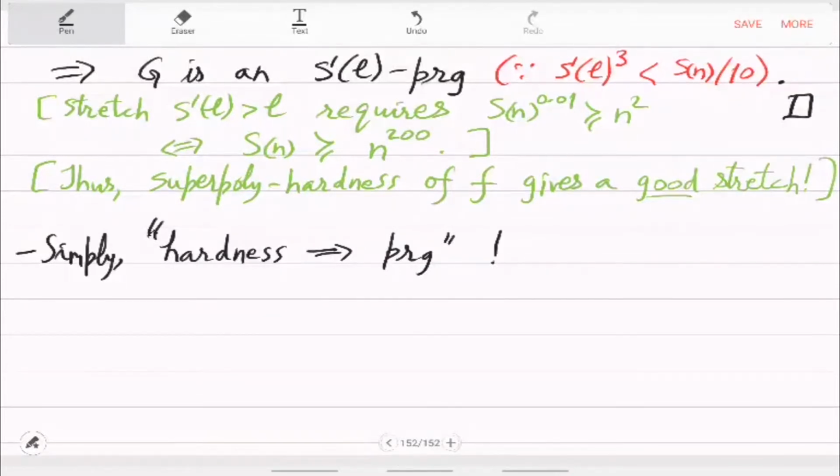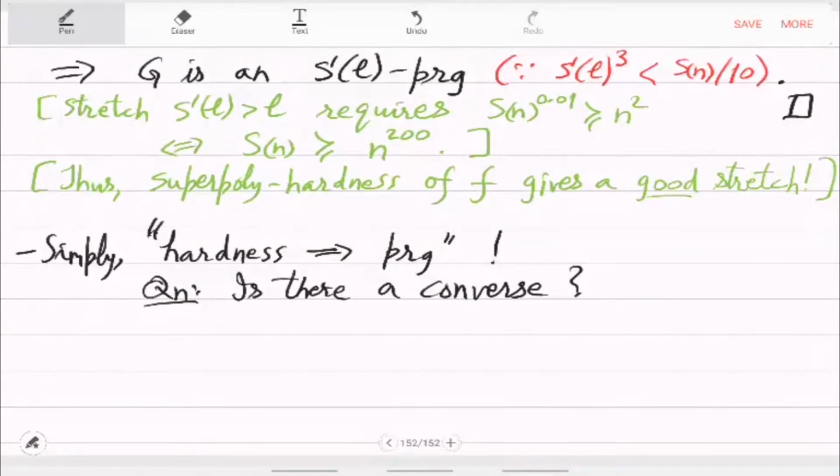Now, is there a converse to this? In fact, this average case hardness implies PRG existence, explicit PRG. Does explicit PRG imply hardness for an explicit function?